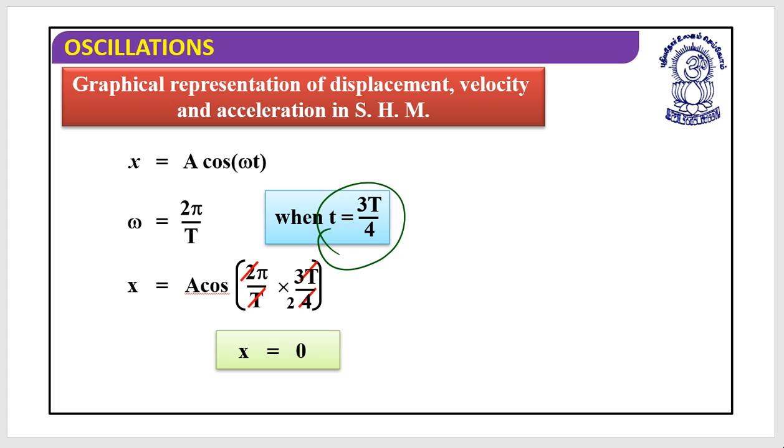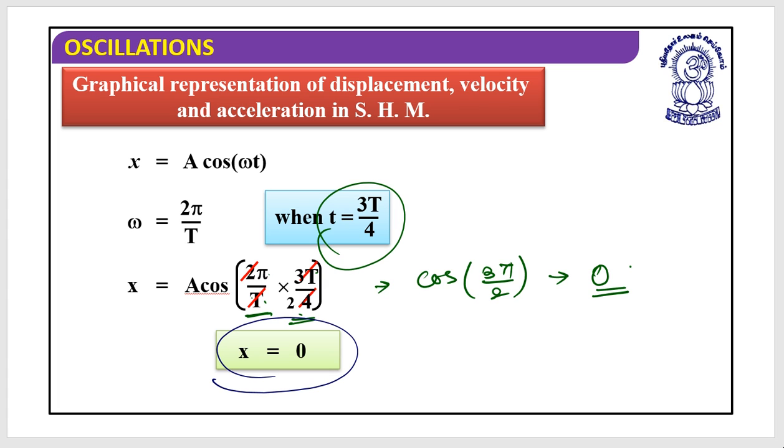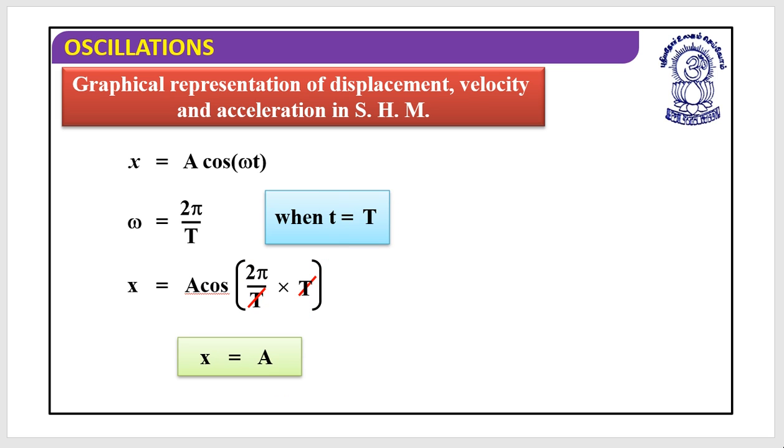Next, at t equals 3T by 4, if I put up the value, it's 2 pi by T multiplied by 3T by 4. The T is gone, and I am left with cos of 3 pi by 2, which is cos 270 degrees, which is 0. So this will give me x equals 0.